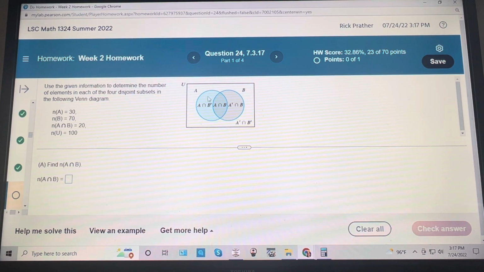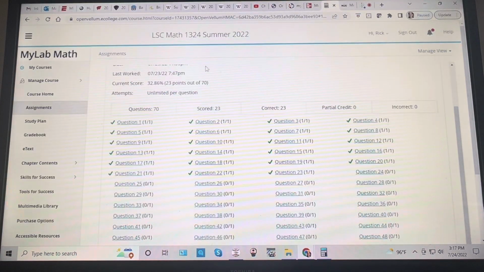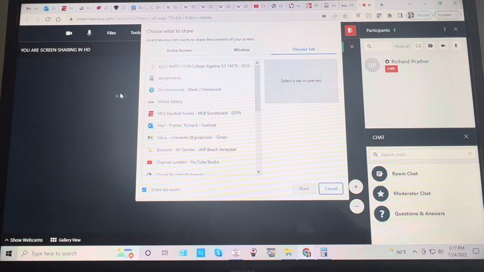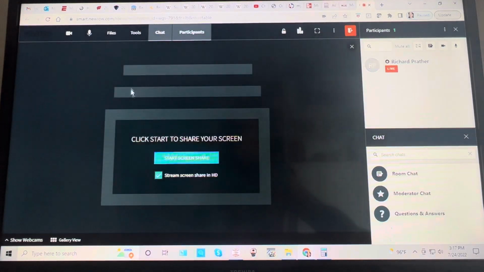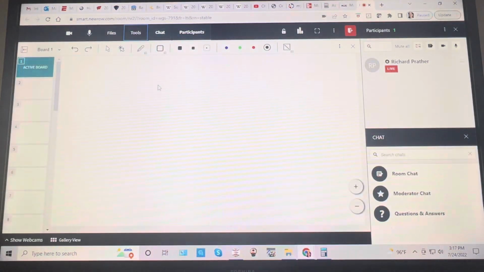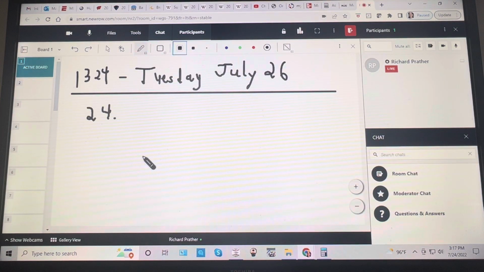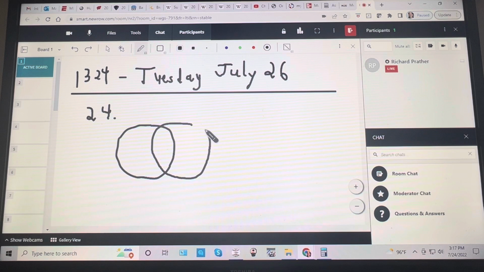It gets a little confusing when they have all these symbols inside of here, but again, let's cancel this. In a Venn diagram, if you only have 2 circles, there end up being 3 sections.